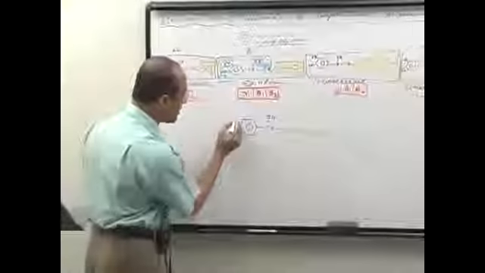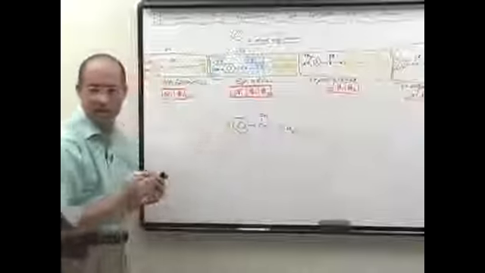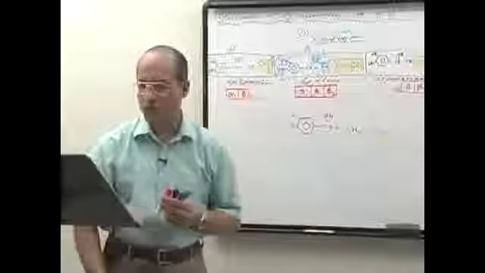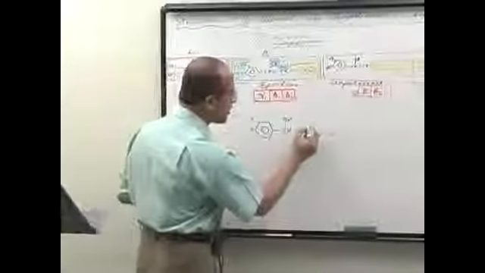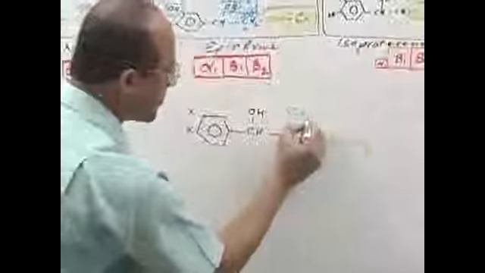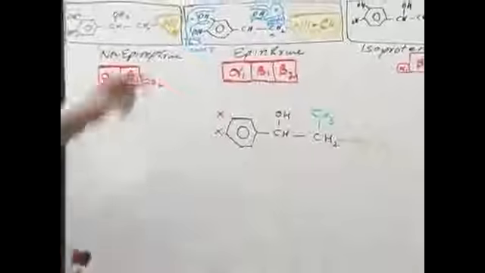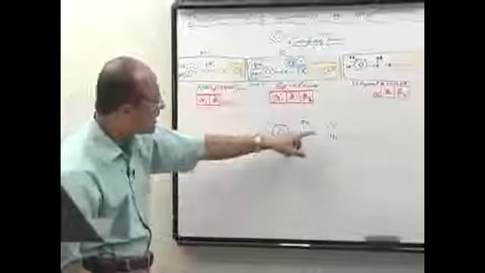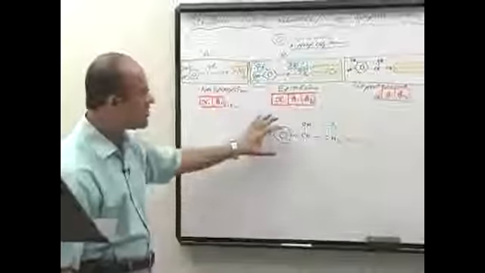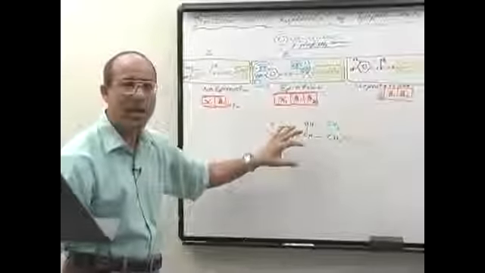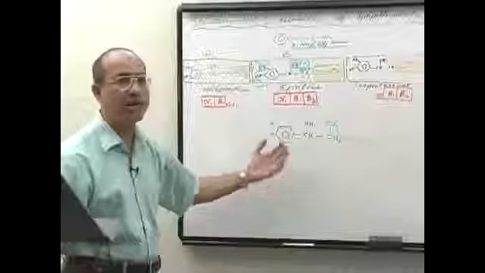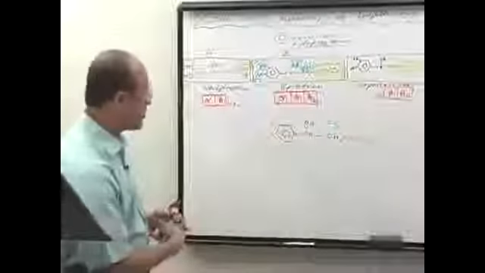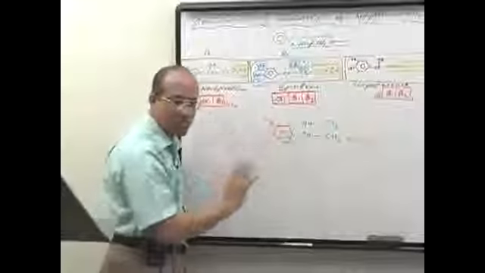Remove these two hydroxyls, is that right? Remove these two hydroxyls and add a methyl group here. Now we see this is a different compound and it will have different pharmacodynamic and different pharmacokinetic properties, right? Step by step we'll move.